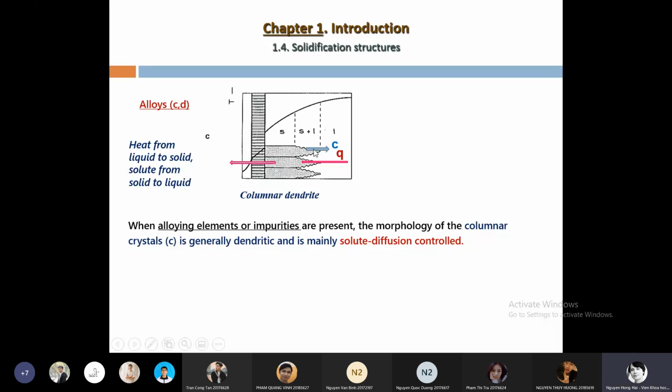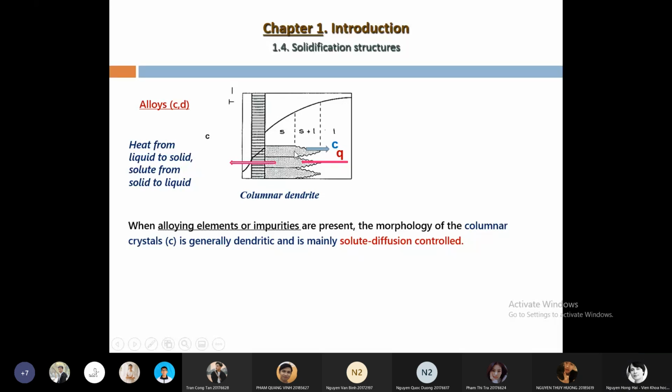But we can pay our attention to the flow, the diffusion, because the solid rejects the solute. So we have the diffusion flow from solid to liquid.